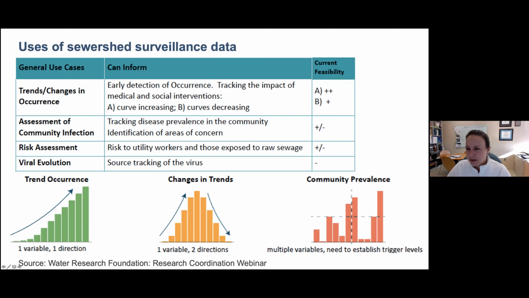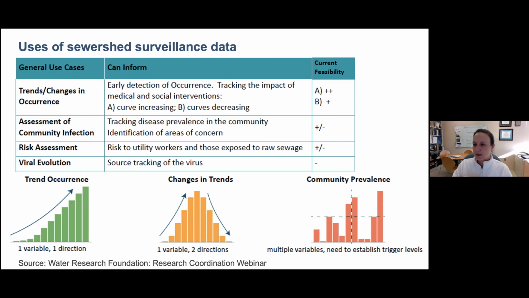That's feasible right now. So we feel good about detecting the increases. You'll notice that for detecting the decreases, our community gave just a half-hearted feasibility, because again, people shed the virus for up to 3 weeks. So even if infections are going down, there's going to be a bit of a lag time before we see those decreases in the wastewater, right?